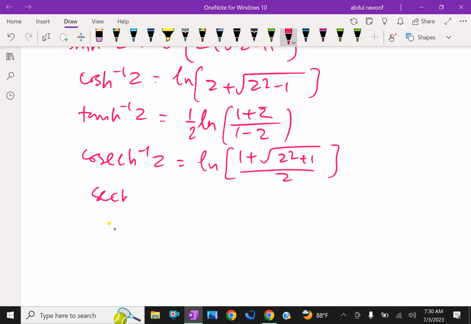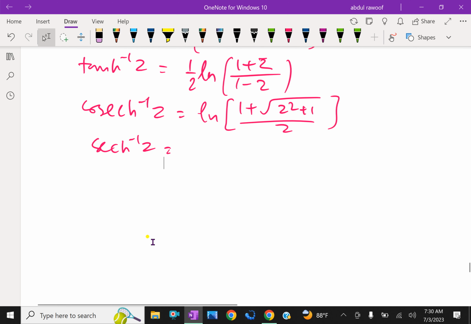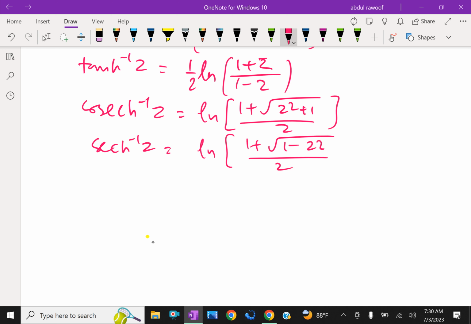Sech inverse z equals ln of (1 plus square root of 1 minus z squared) by z. Coth inverse z equals half ln of (z plus 1) by (z minus 1).